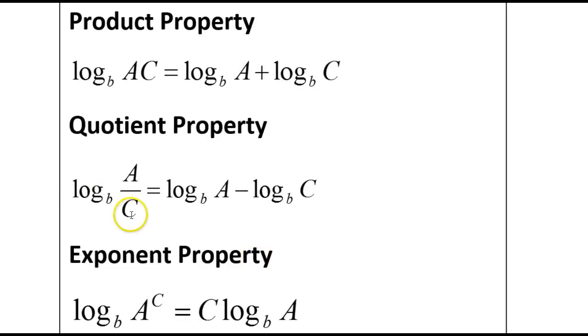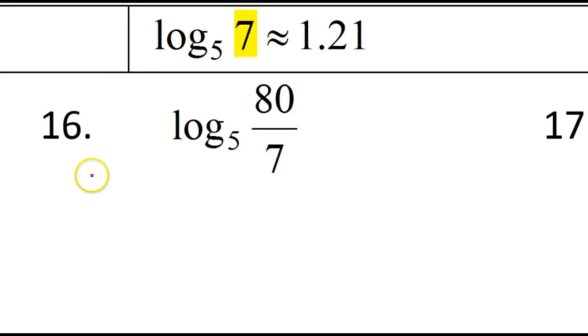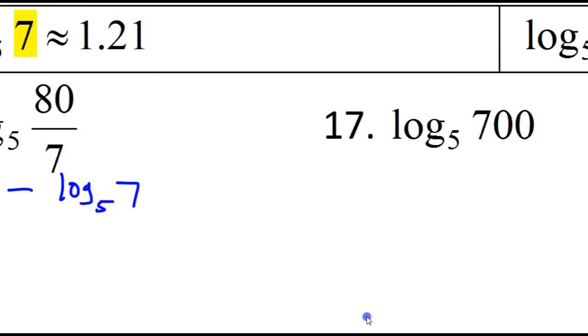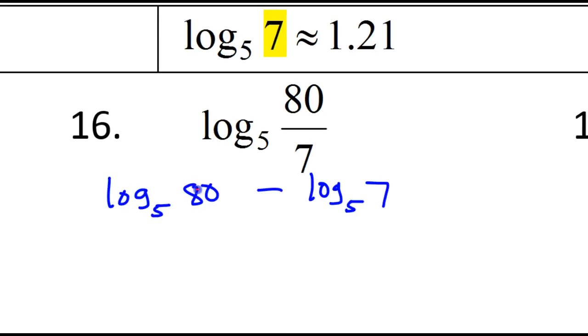Log of A over C is the same thing as log A minus log C. So this would be the same thing as log base 5 of 80 minus log base 5 of 7. Now log base 5 of 7, there's the 7, ding ding ding. Now 80. We want 8 or 10, but instead we have 80. Is there any way I could break up 80 so that I have an 8 and a 10? Well, of course. 80 is 8 times 10.